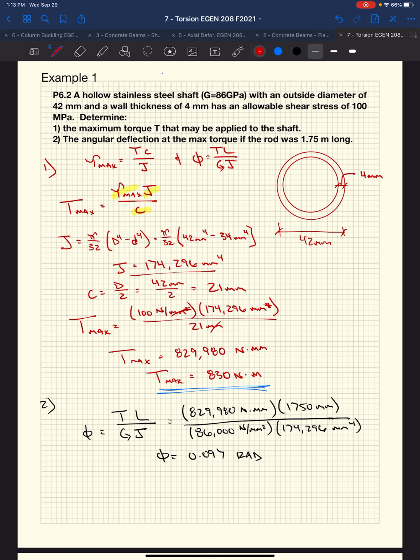radians. If you walked through all this, all of our units cancel, so this is a unitless value, but it's in radians, okay? Means phi is 0.097 radians.